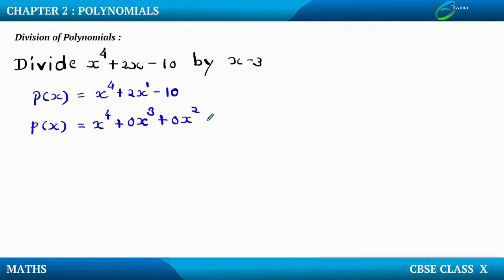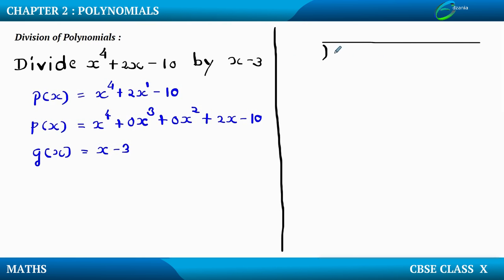Then there is x term, that is x raised to 1 term, which is 2x. Now I am coming to 2x minus 10. So you can clearly see we have arranged it systematically: power 4, 3, 2, 1 and 0. Now our g of x is x minus 3. Now we can divide.